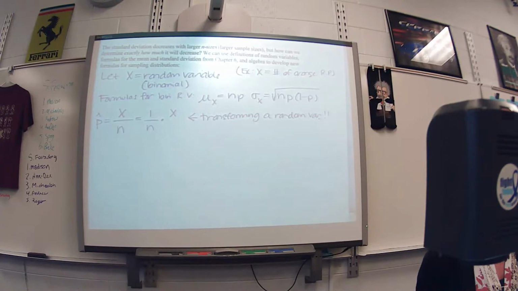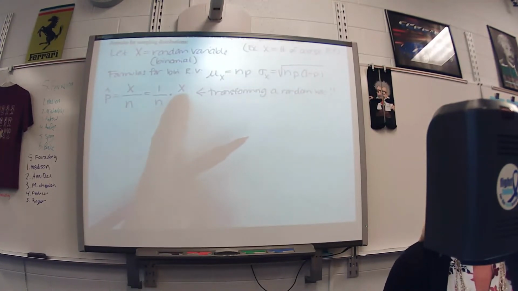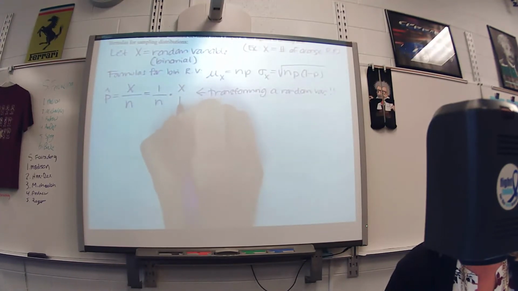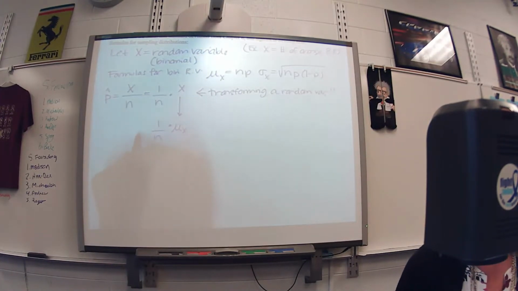I'm taking the random variable x and transforming it through a multiplication procedure. And the rule for transforming a random variable was, I should be able to take the mu for x and multiply by that same number, and it should give me the mu for my p hat.